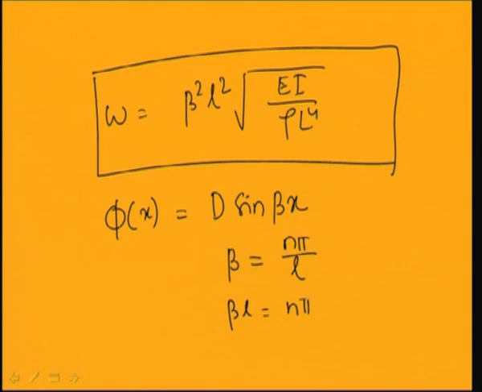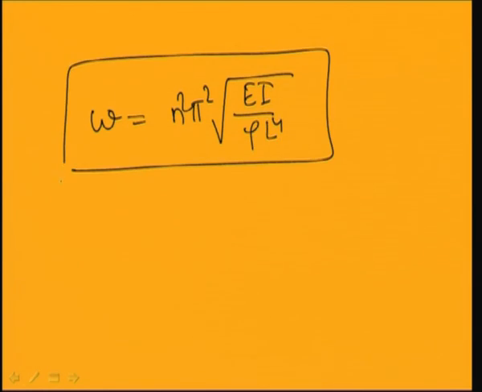For this case I can write ω equal to n²π² square root of EI by ρL⁴. So you may observe that the system has n number of natural frequencies.